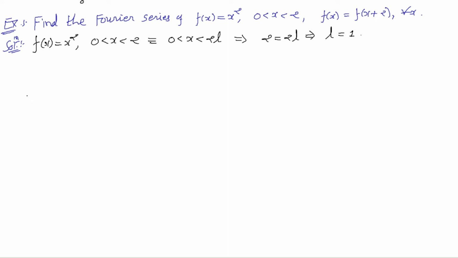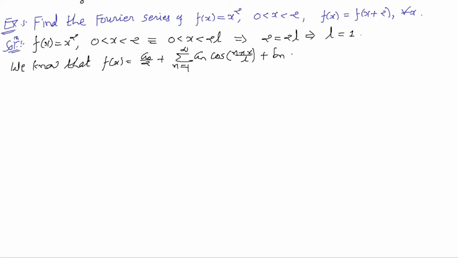Now, what we know, the Fourier series, this is how you write it in the examination. We know that f of x is equal to a0 by 2 plus summation n equal to 1 to infinity an cos n pi x upon L plus bn sin n pi x upon L, where a0 is equal to 1 upon L integration 0 to 2L.